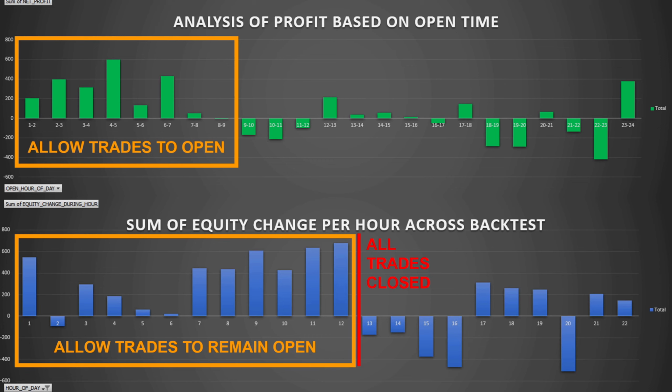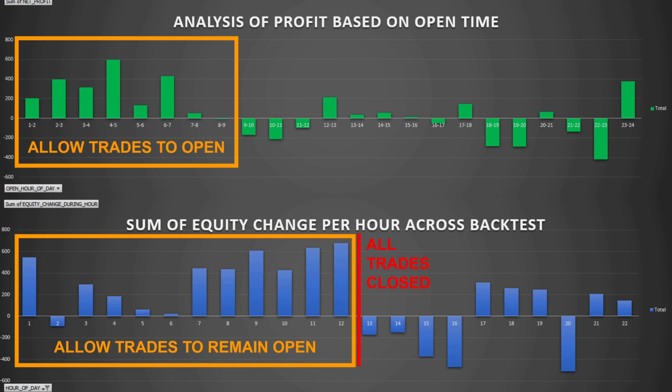For different types of strategy, so maybe trend continuation, trend following, or any other type of strategy, then the metrics that we would see in these two charts would be completely different, and they would have to be interpreted in a completely different way, and you'd end up with different sets of rules for both the time of day filtering and the equity flow analysis.